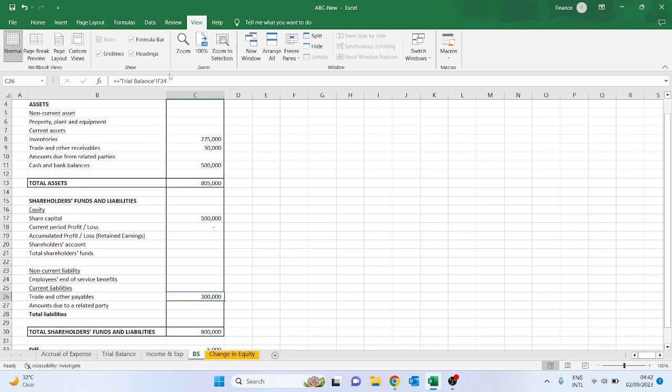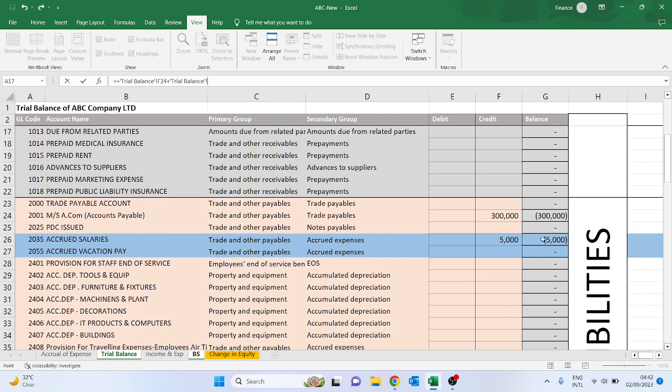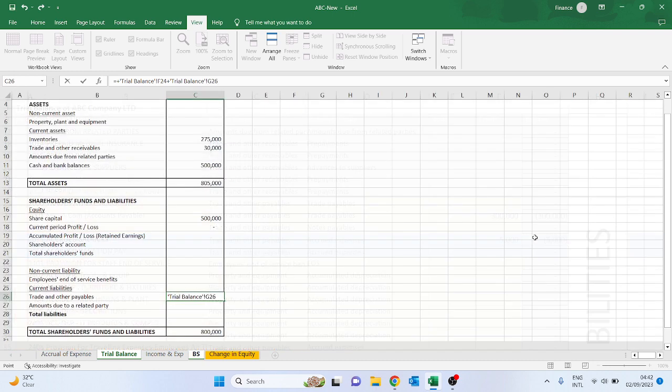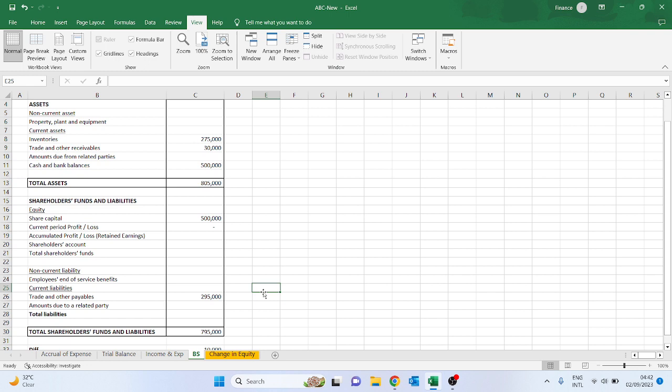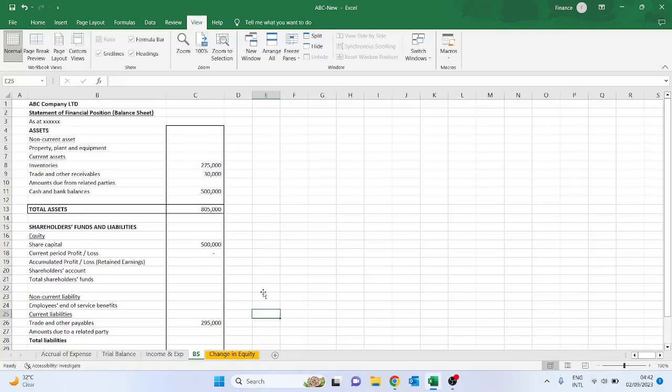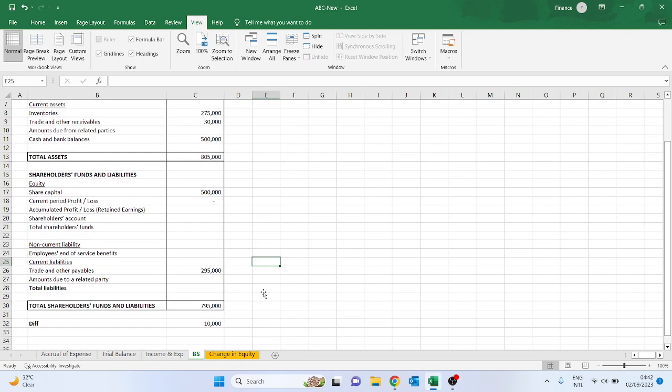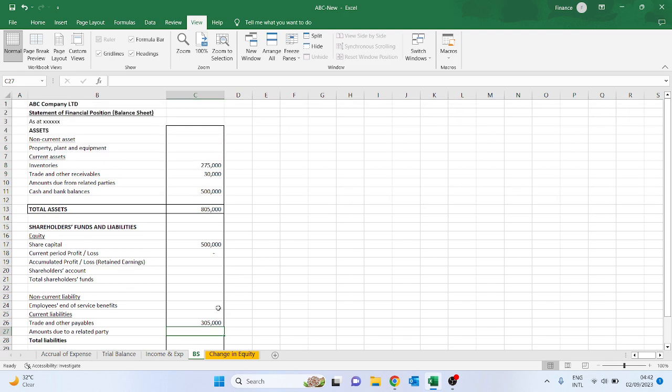I'm adding it manually here. Now there is a difference of 10,000 because we have done a small mistake here. Instead of deducting, we have added. Now our balance sheet also tallied.